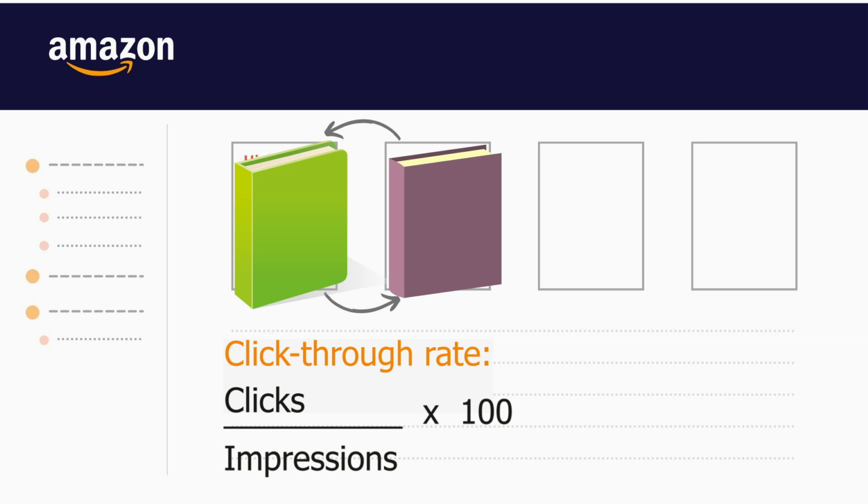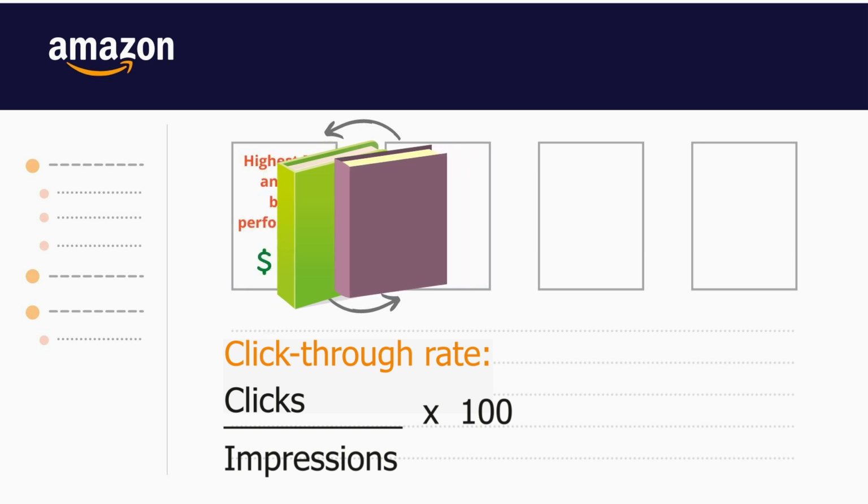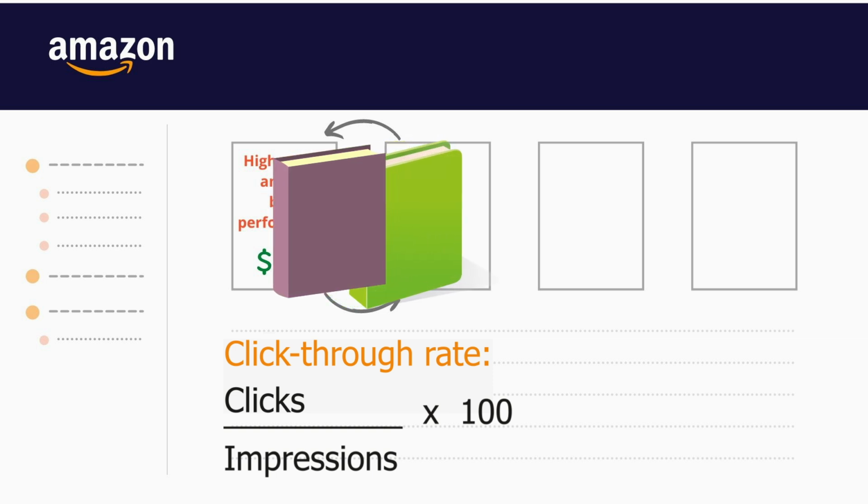Let's say I design such a good cover and interior that anyone that clicks on my book actually ends up buying it. And let's say my book is performing very well. Now, even though I'm paying 10 cents, Amazon is going to put my book in a higher position than someone that's paying 30 cents.